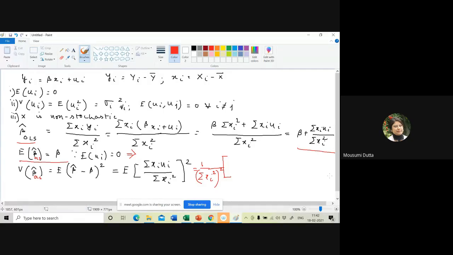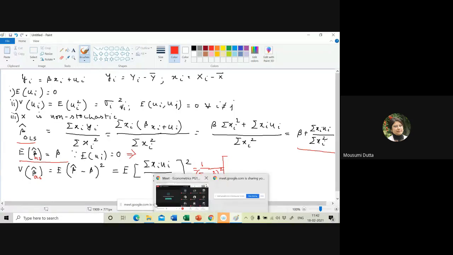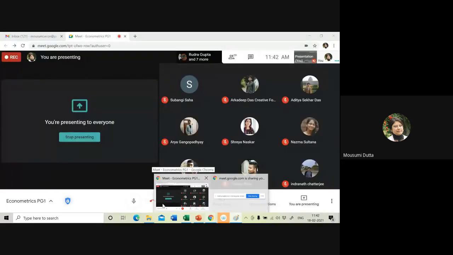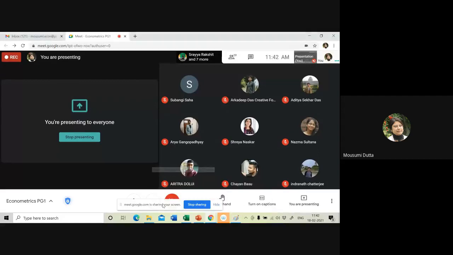I want to know what will be the formula for summation xi ui whole square of that. So what will be the formula? Shreya?